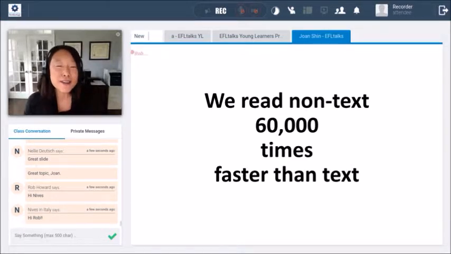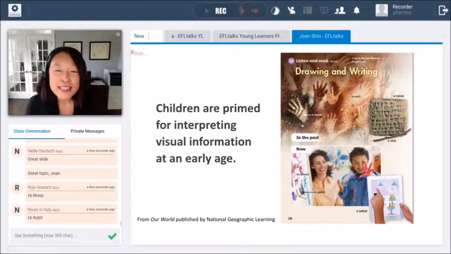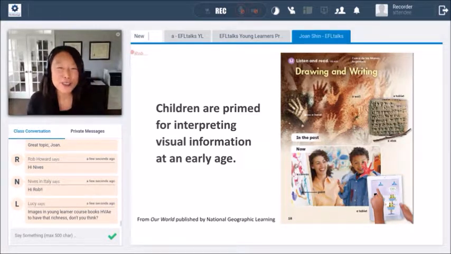So let me give you an example. By the way, it's not surprising that we as humans are visual beings, right? We've already established that. Did you know that children are actually primed for interpreting visual information at an early age? At about 12 months of age, children can actually understand graphic images.